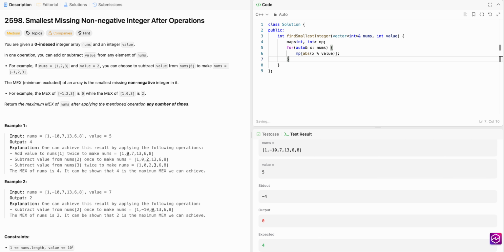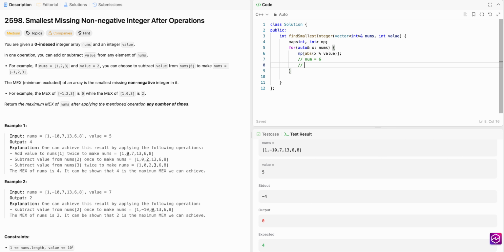And why I am doing this, I'll explain. We are doing this because let's just say we are searching for a number, in order to make our MEX equal to 7, we are searching for the number 6, right? So how do we get 6?